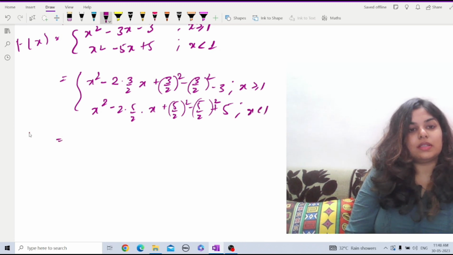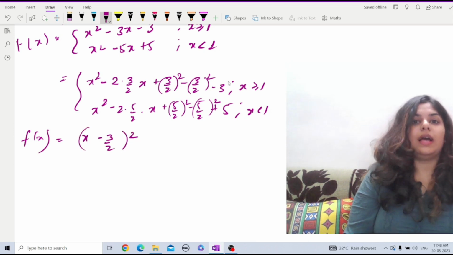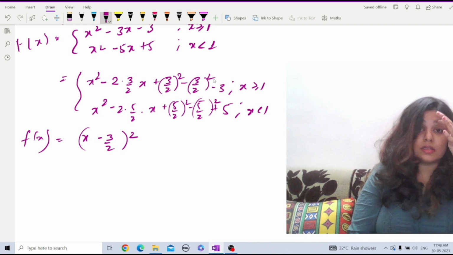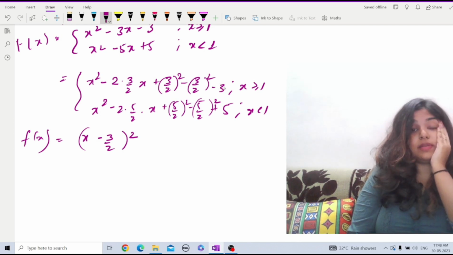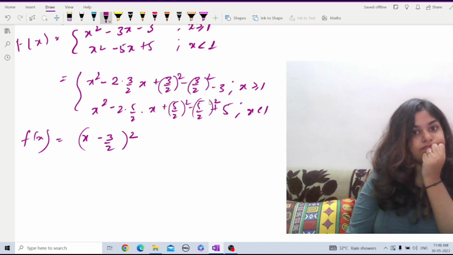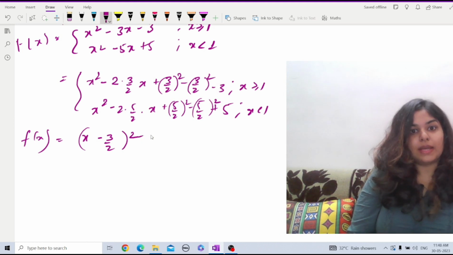So this can be written as f(x) is equals to, this is (x minus 3 by 2) whole square, and this is 9 by 4 minus 3, so minus 3 by 4 for x greater than equals to 1.